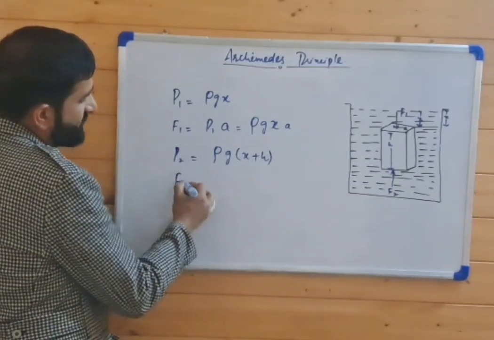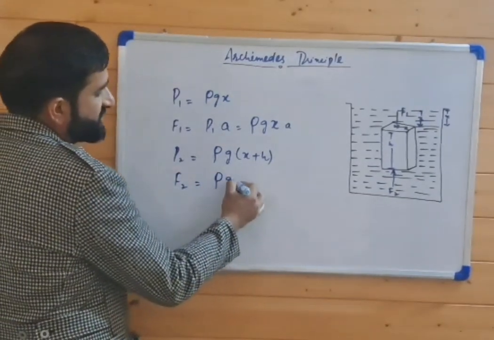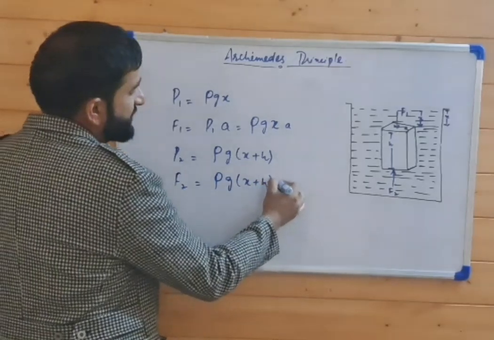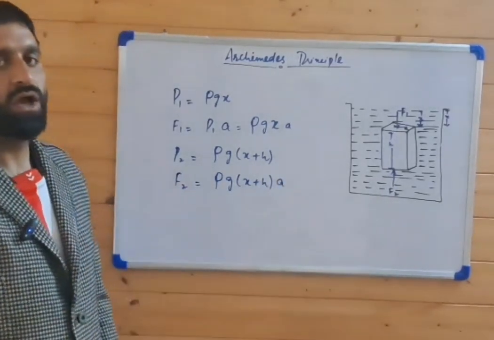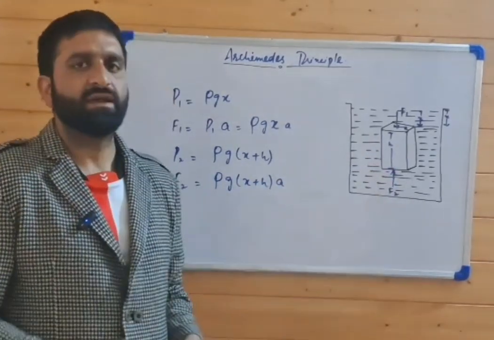So F2 will be equal to rho g into x plus h into A, where A is the area of the bottom face of this body.